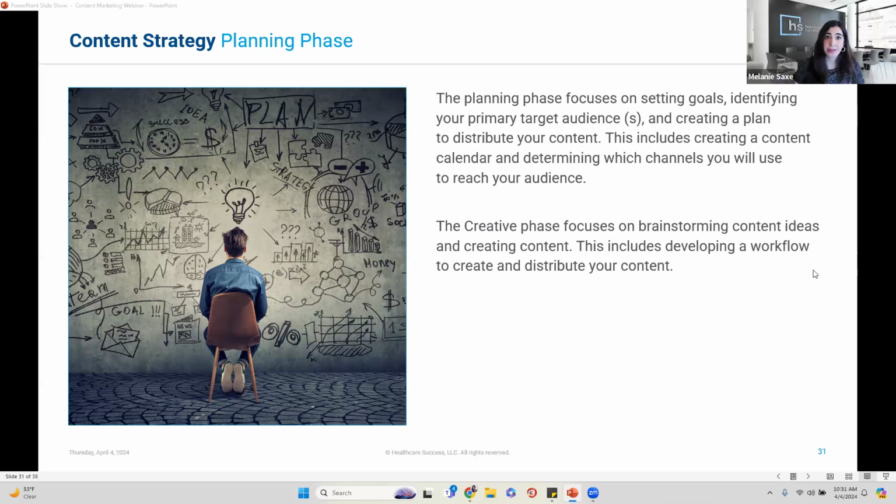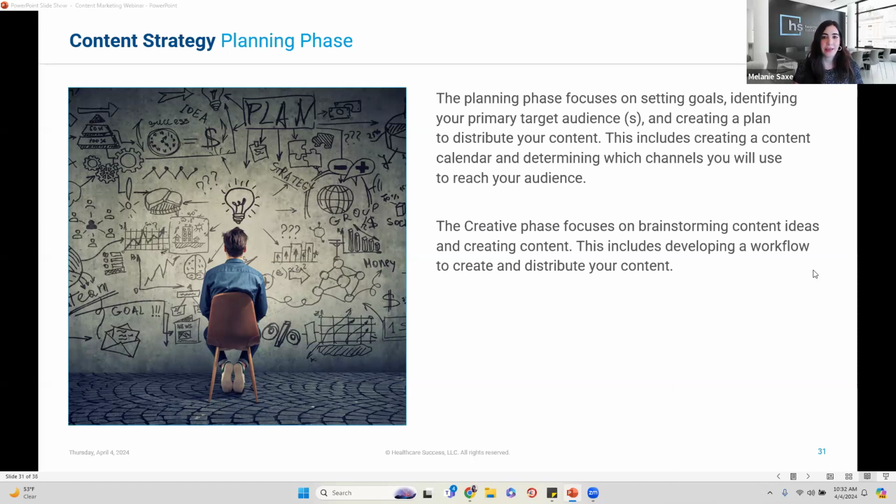Your career page is going to be different than your home page. A service page is going to be different than an About Us page. So the planning phase also includes distributing your content. This is where we can get nerdy with content, and this is when you need your content calendar, determining which channels you will use to reach your audience, and the more organized you are, the better.